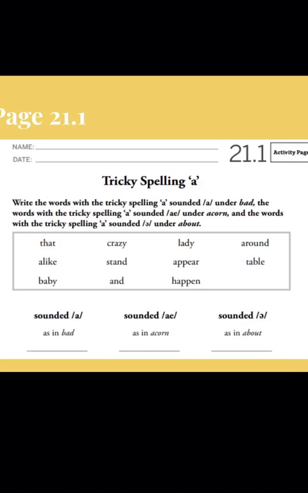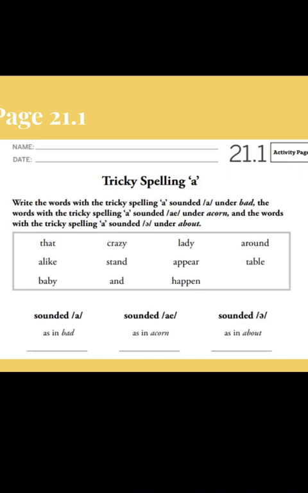Okay, let's do the first word together. That first word is that. What sound is A making in at? That. If you said the first column, you are correct. So you are going to write that under the first column. Okay, let's do the next word together.